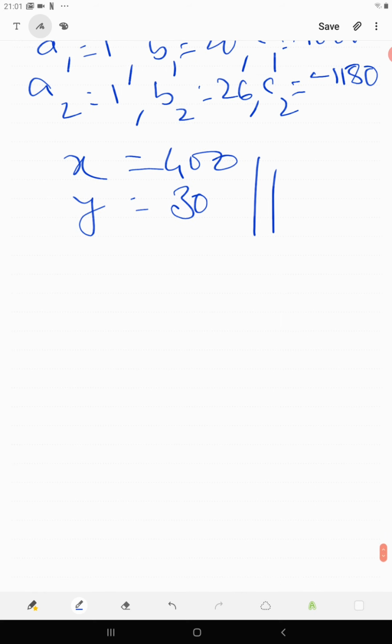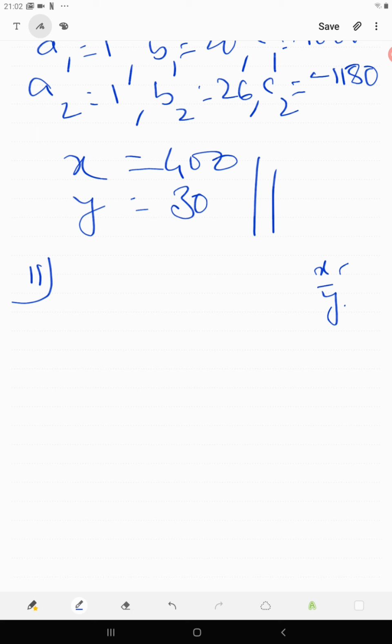Now the second problem: a fraction becomes 1 by 3 when 1 is subtracted from the numerator, and it becomes 1 by 4 when 8 is added to the denominator. So you know numerator and denominator: X by Y, X is numerator, Y is denominator.